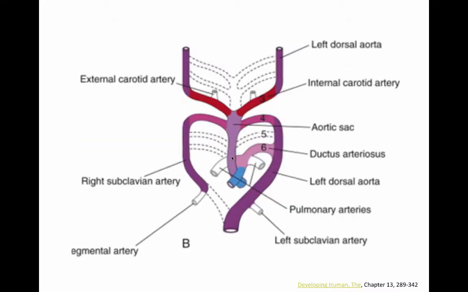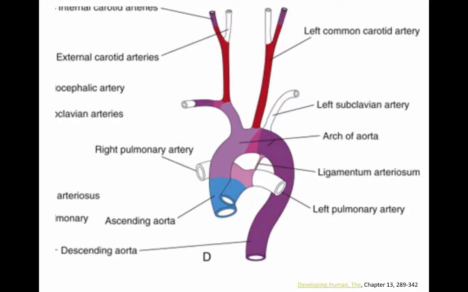Okay, so here, if we see that truncus arteriosus, the division has occurred, right? The spiraling. So now there's that septum, and now they've formed the pulmonary trunk and the aorta, right? So now as we look at that, the left side is going to form the left pulmonary artery, and the right side is going to form the right pulmonary artery, and then we're going to have this communication here that we'll show in a second.